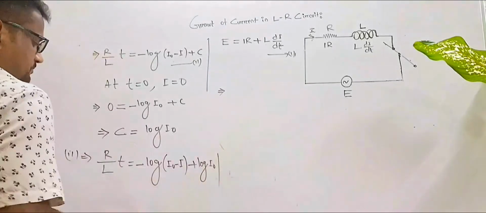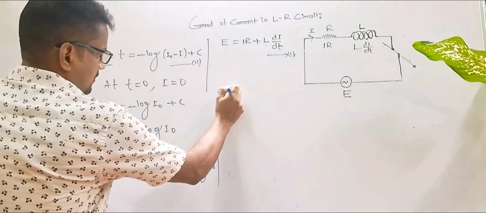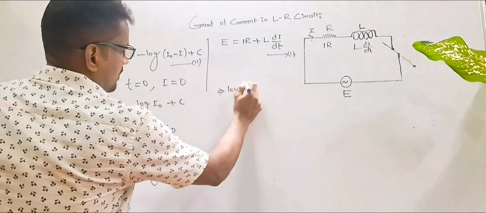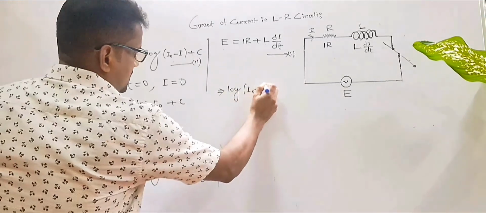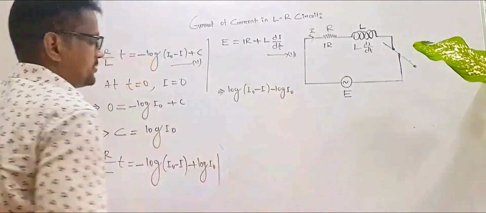Do one thing. All this term, take it in the left hand side: log of I naught minus I minus log of I naught.